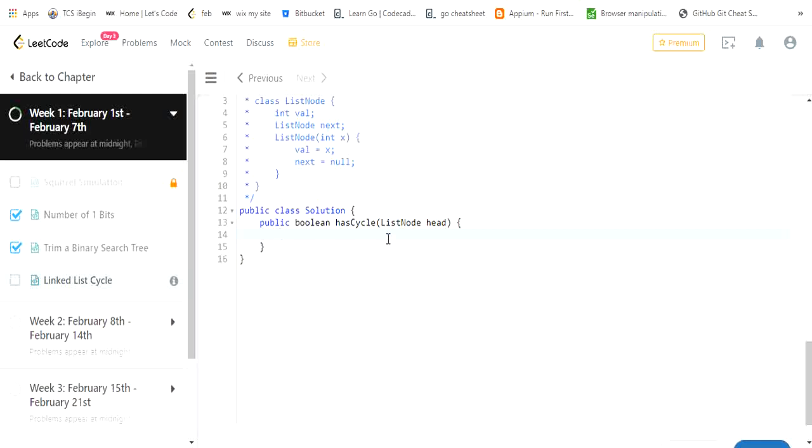I am starting the algorithm by declaring two variables or pointers, my pointer fast and pointer slow, which point to the head of the linked list. Now our algorithm is going to loop through the linked list till they meet null.